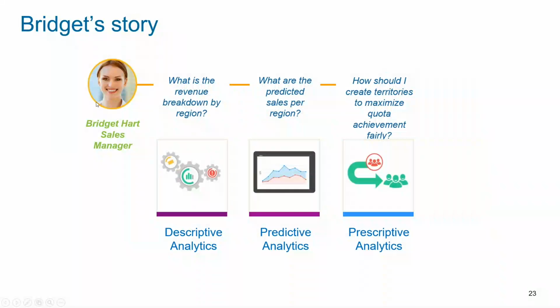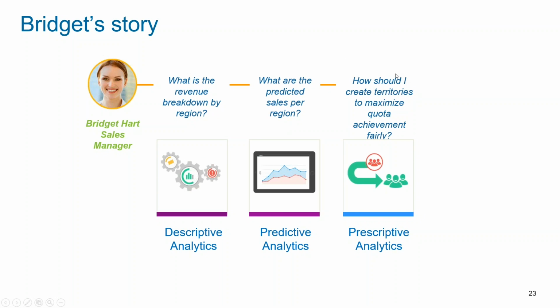So again, in this example, Bridget is a sales manager. Here, the descriptive problem is: what is the revenue in every region? So it's going to go to Cognos, and it's going to visualize the revenue. If she wants to do predictive analytics, it's going to say what are the predicted sales per region.